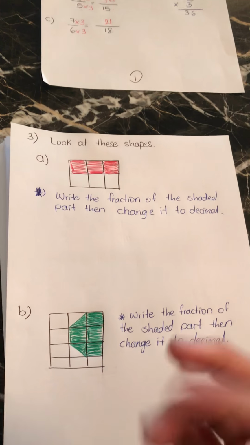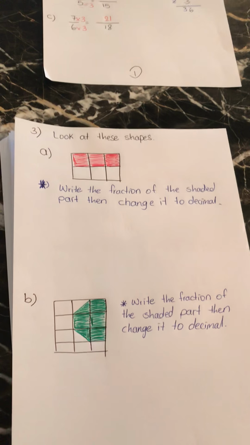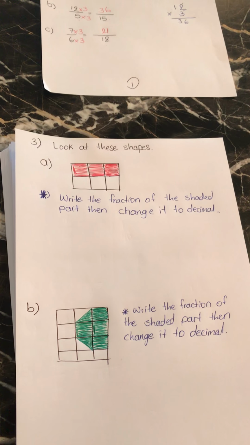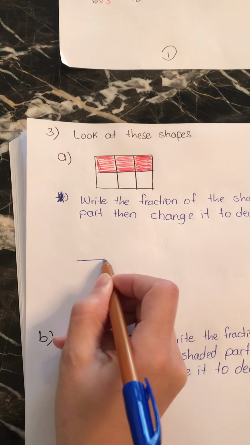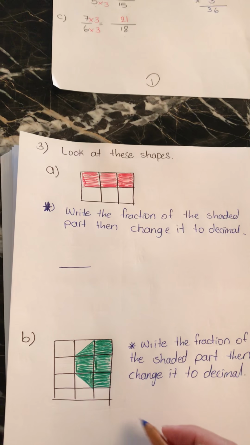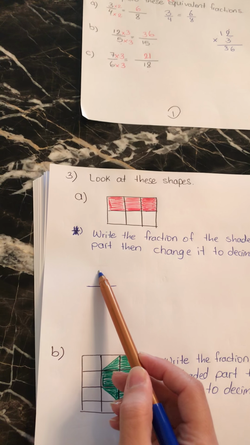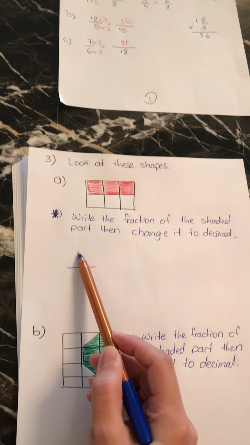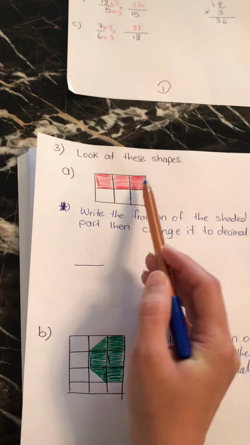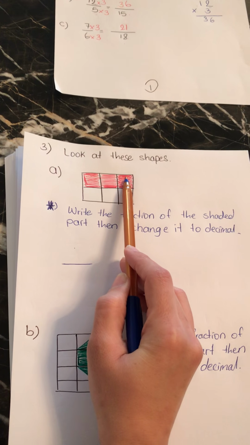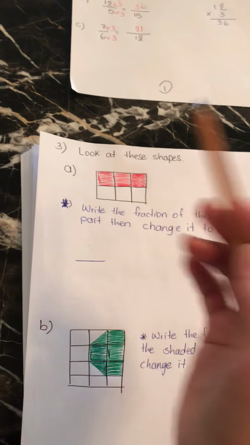So you have to do 2 things in this question, okay? First, you are finding the fraction. What is the fraction? First, I'm doing the numerator. What is the numerator? It is the part shaded. So, I'm going to count the parts that are shaded. 1, 2, 3.